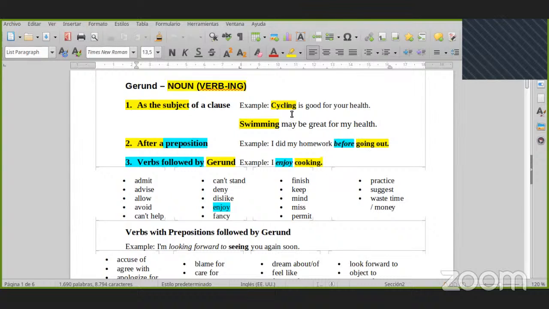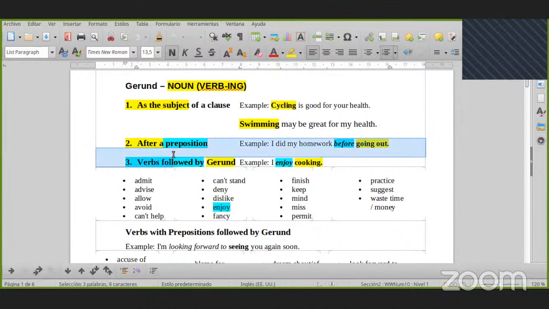The second is when we use the gerund after a preposition. So first we use a preposition, and after we use the gerund.